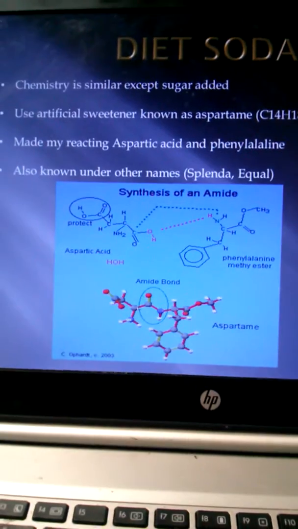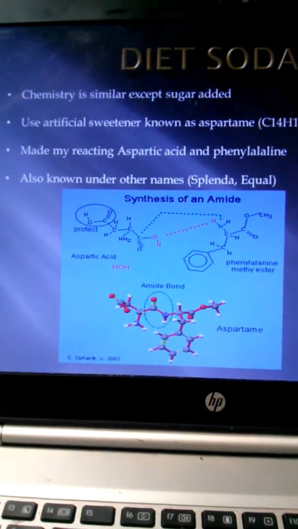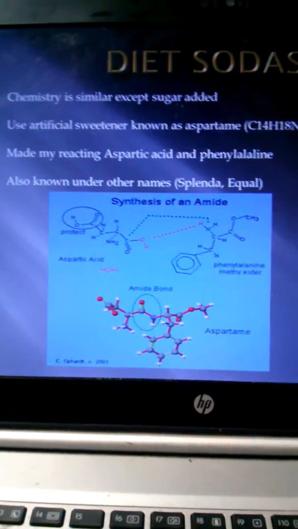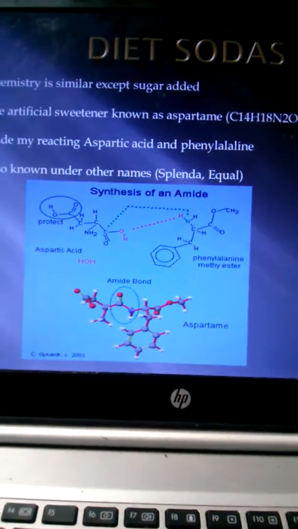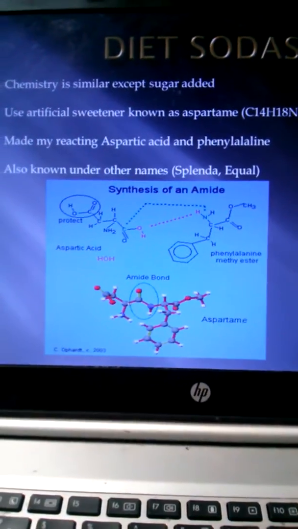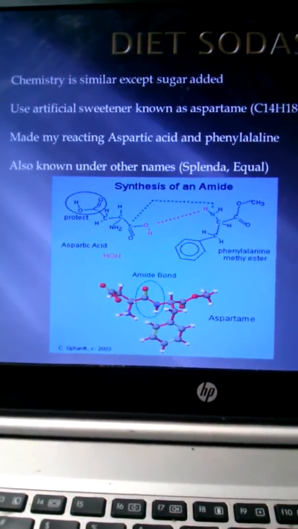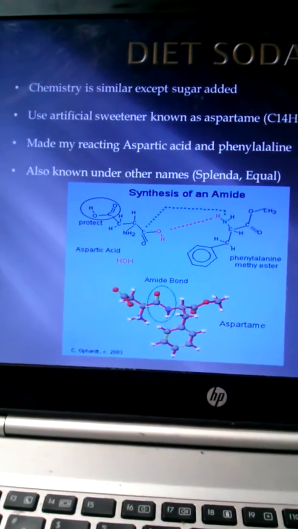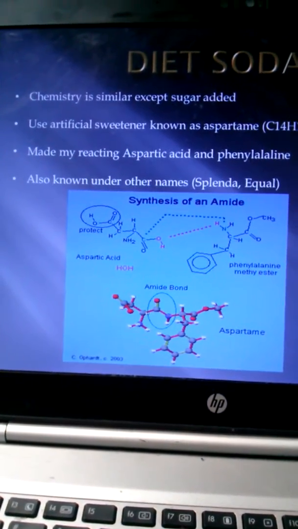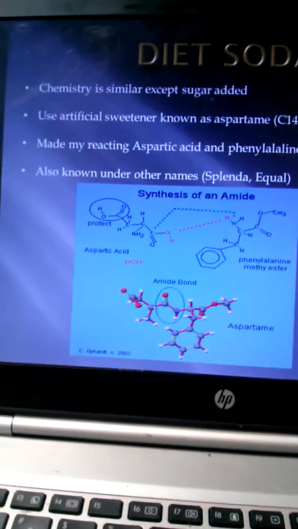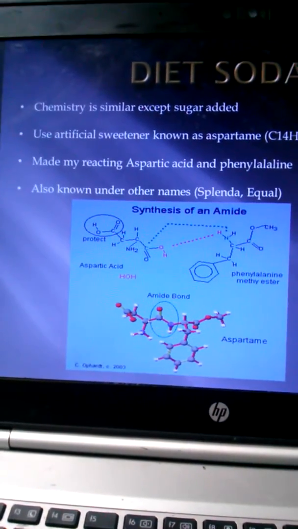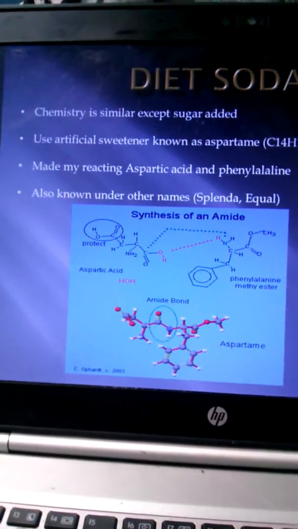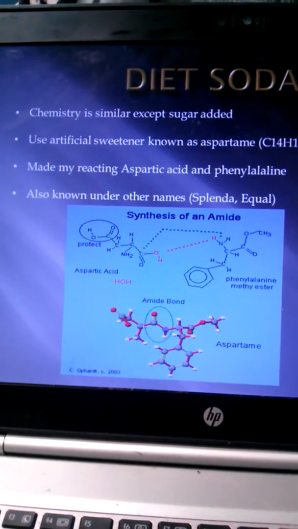Now, diet soda is interesting because instead of using high fructose corn syrup, we use aspartame, which is C14H18N2O5. This is actually said to be 20 times sweeter than regular sugar. The way we make this is we react 2 amino acids, which are aspartic acid and phenylalanine.